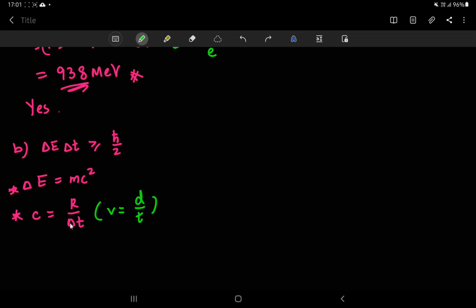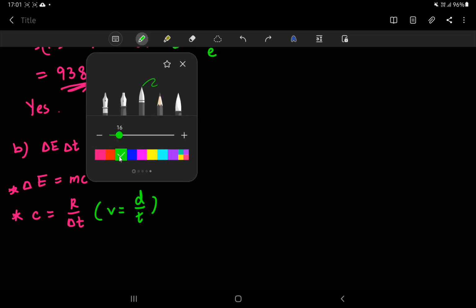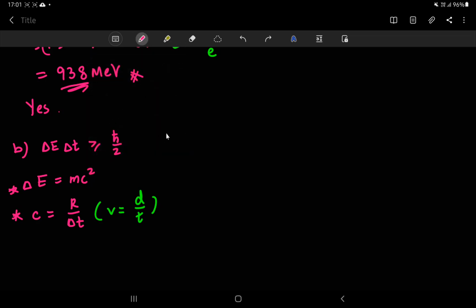So we can substitute these two equations into the Heisenberg uncertainty principle. E is mc square, so I will substitute mc square. Delta T is R divided by c.